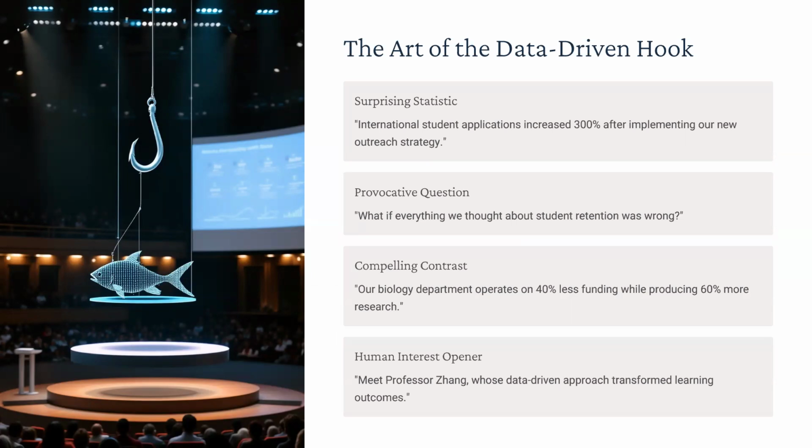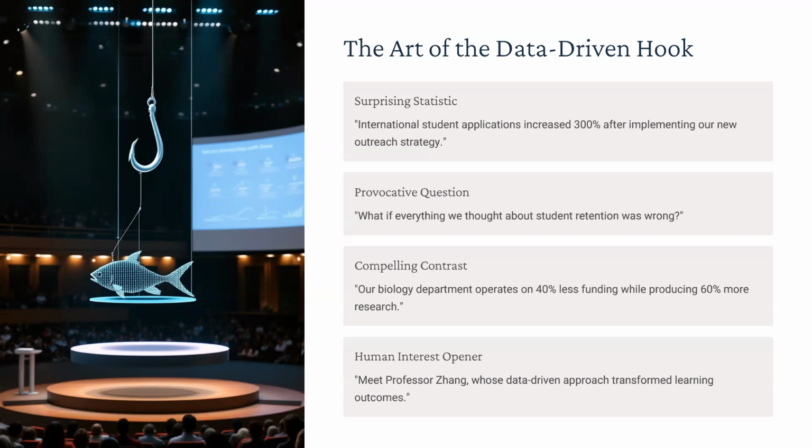We can use narration, as you can see here, to hook the audience's attention with our story. We can use some surprising stats that help people get attached to our presentation. Or we can use provocative questions that help get people's attention.